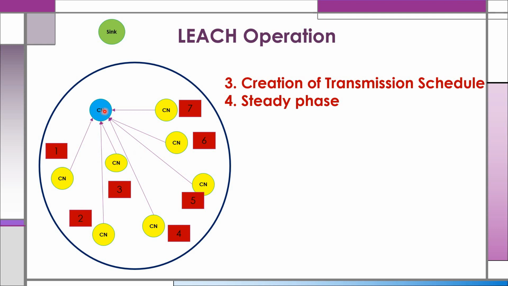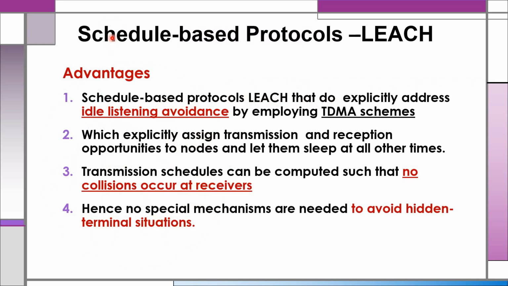So here we are using time division multiple access to transmit and receive the information to this particular cluster head. The cluster head will collect or aggregate all the information and transmit it to the sink. So the entire information will be communicated to the sink node.